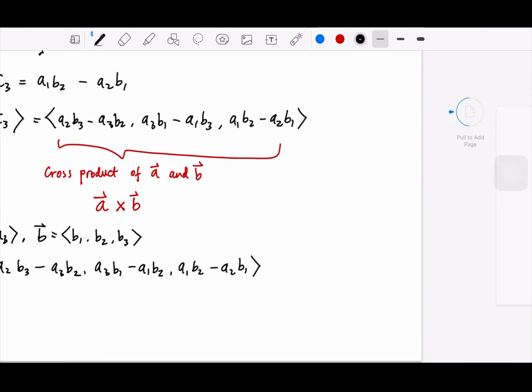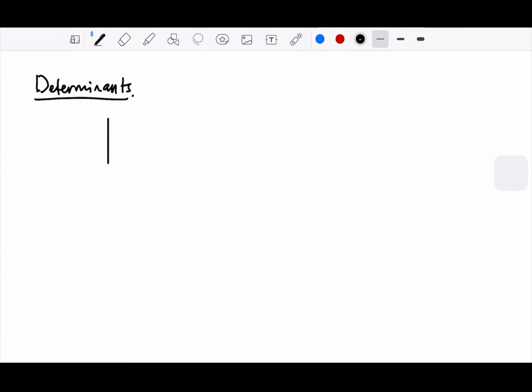Okay, now if we remember what we learned in matrix, we learned about the determinants. The simplest determinants, order 2.